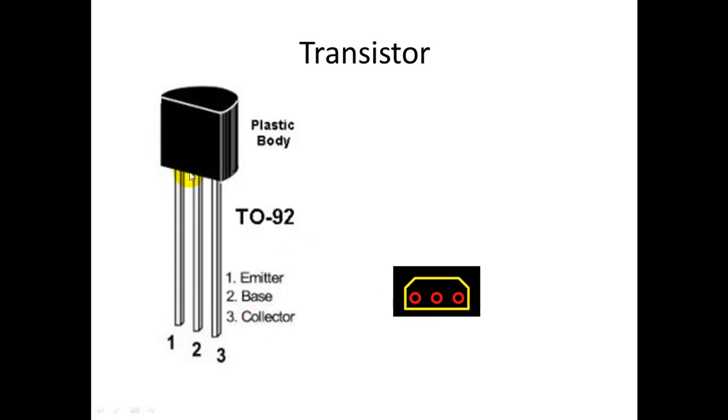As you can see, here's the flat side of the transistor, which corresponds to this flat side here of the silk screen. Then this annular ring here on the left is the hole where pin number 1 will connect. Pin number 2 will connect in the middle annular ring, and pin number 3 will connect to the third annular ring. So again, this is the silk screen in yellow.